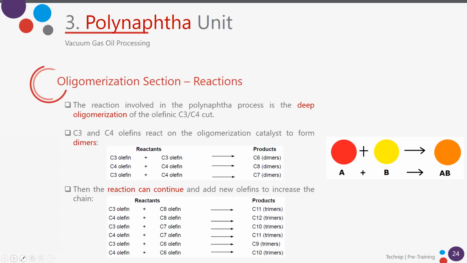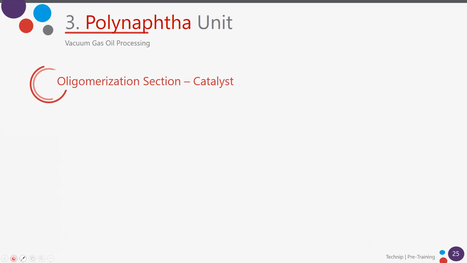And of course, for these reactions to happen, we need a very specific catalyst. Okay, this reaction takes place with a catalyst. The catalyst that we will use is a silica alumina type catalyst.